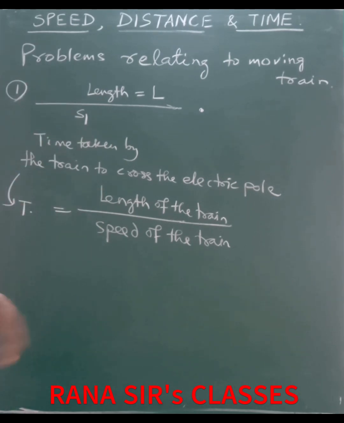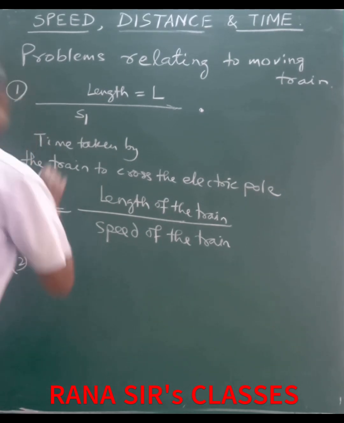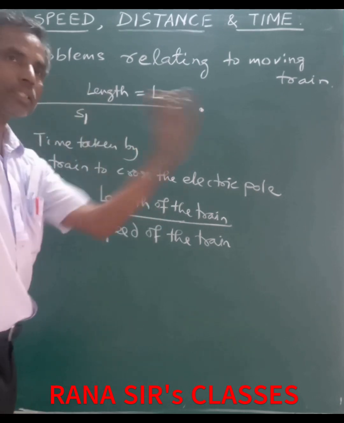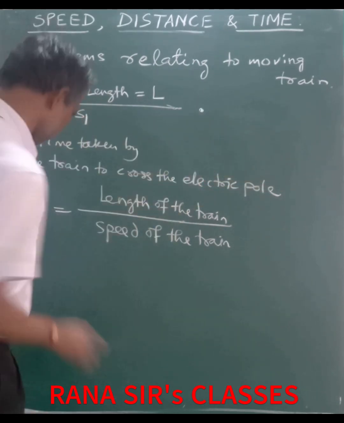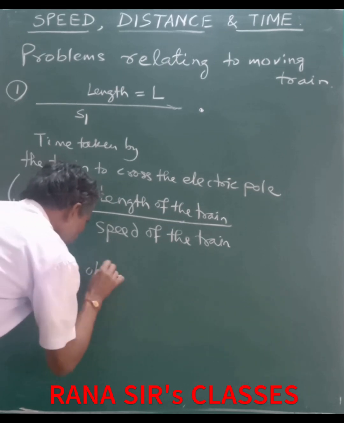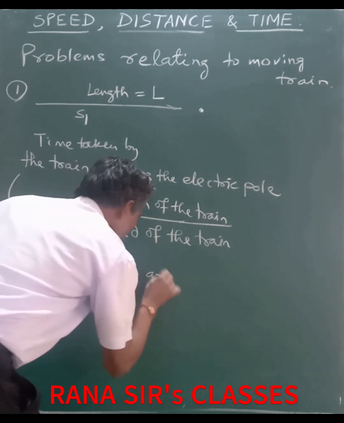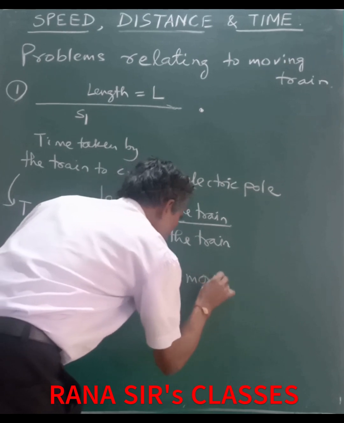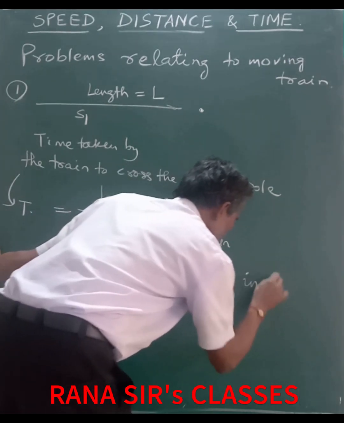Okay. Next situation. Train and the man both are moving, both objects are moving in same direction.